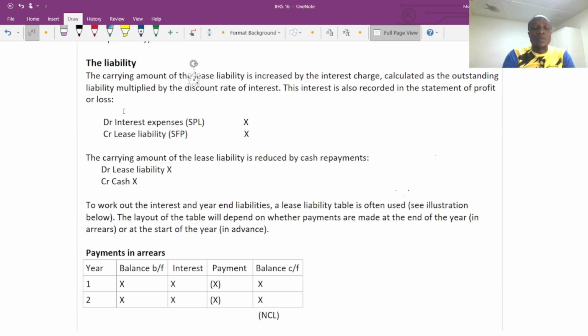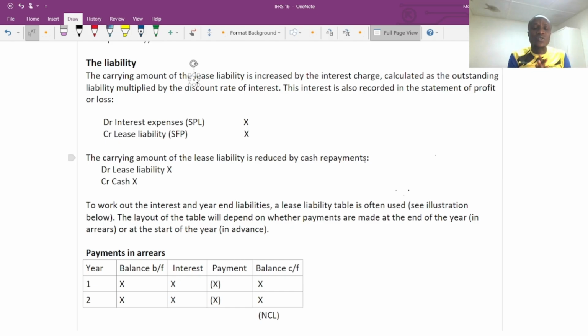Very good. Second point that we need to know for the liability: the carrying amount of the lease liability is reduced by the cash repayment. For example, the cash payment that the lessee will make to the lessor, we are going to reduce the lease liability by that particular amount. So we are going to debit the lease liability and we are going to credit cash, because this is a cash payment.